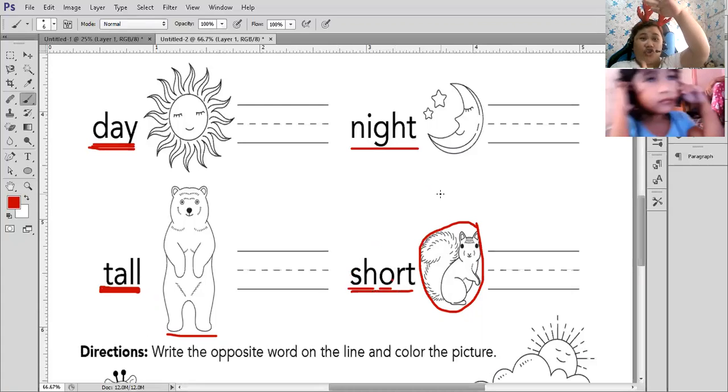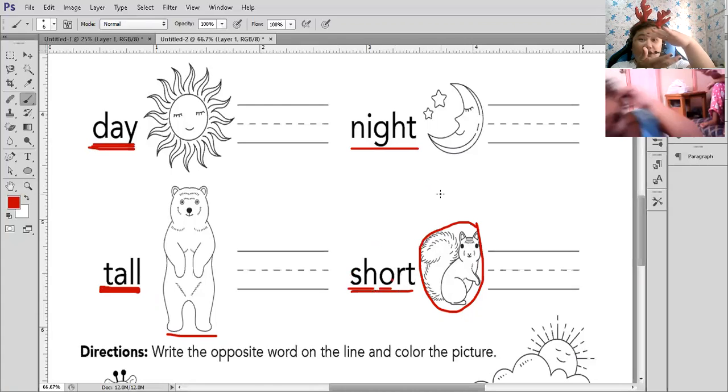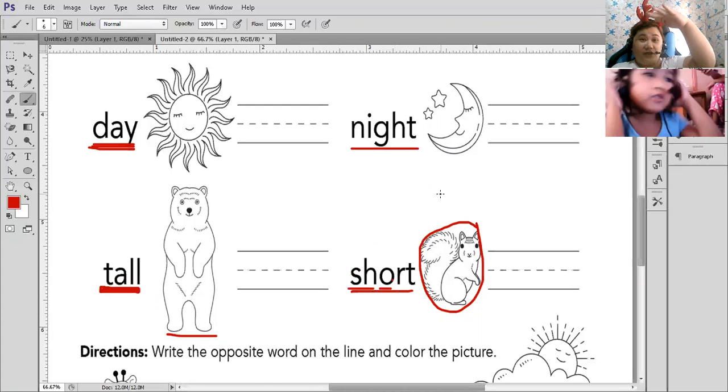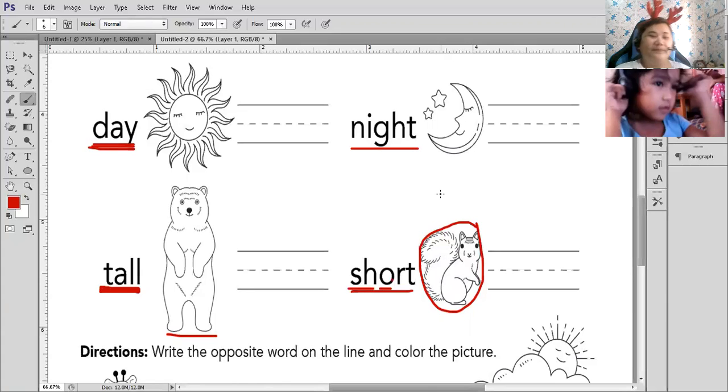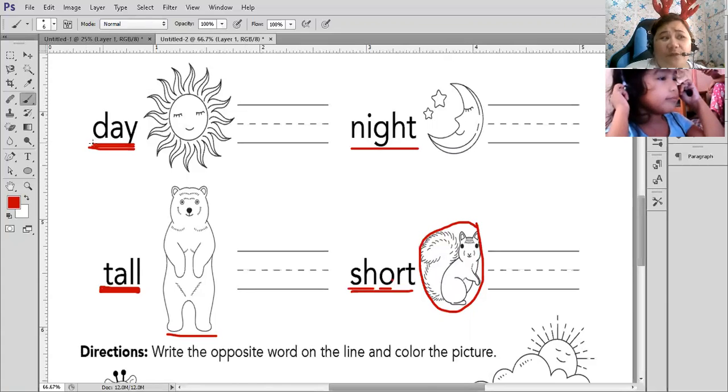Tall, tall, short. Tall. Short. So pag tall, ang kabalik, the opposite of tall is short. Okay? What is the opposite of day?